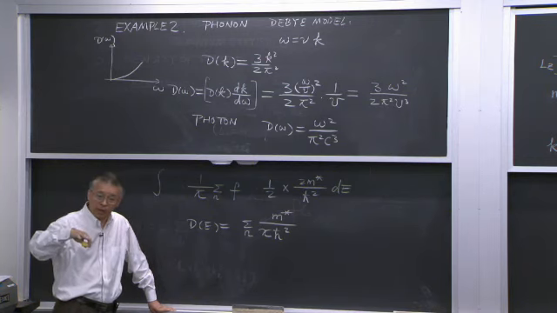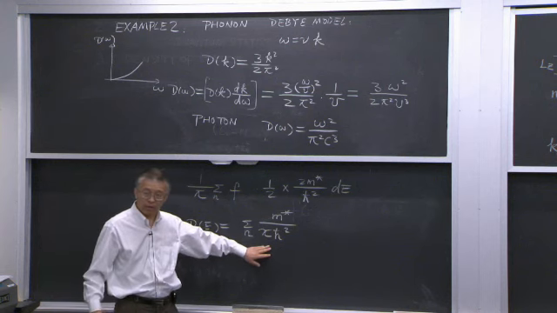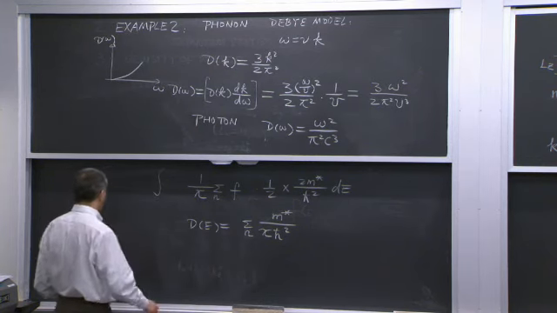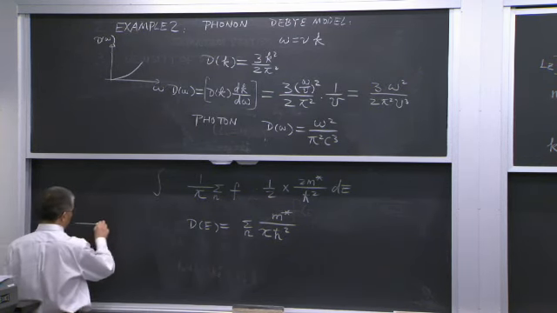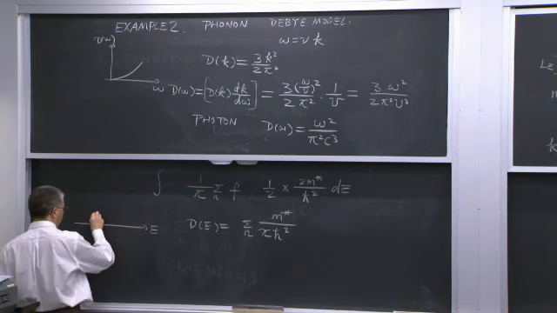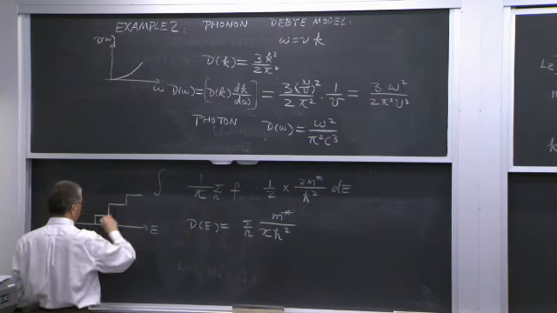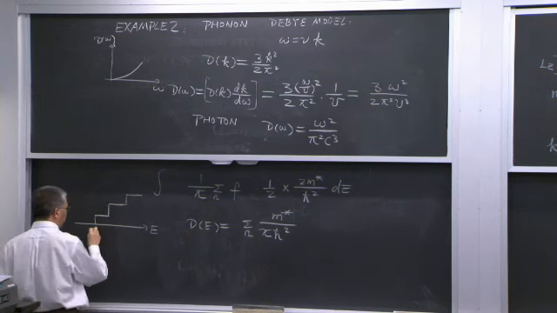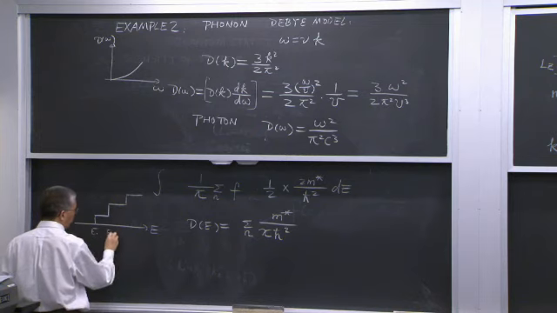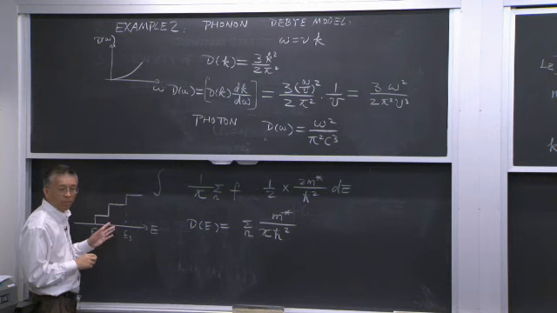N equals 1, n equals 2, you add another one, n equals 3, you add another one, right? So what I have here, if I draw, this is my E, and this is my E1, E2, that's the quantization energy level, E3, a step function.